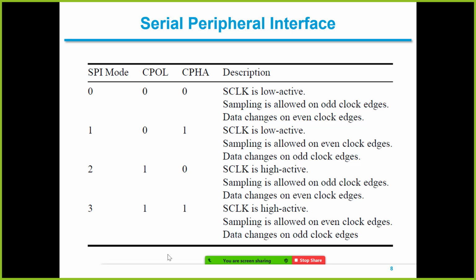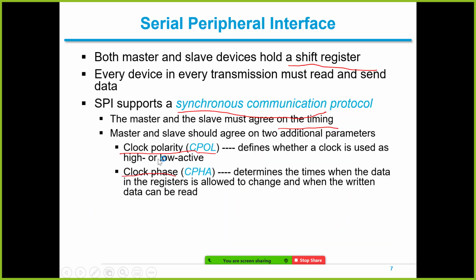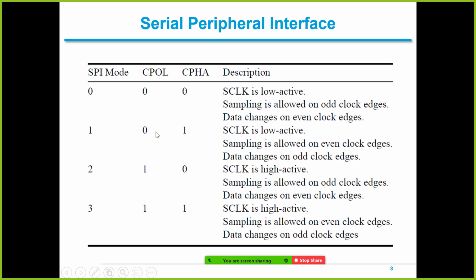Let's see the table with these two parameters, CPOL and CPHA. CPOL is the clock polarity, and CPHA is the clock phase. Based on the values of these two parameters, we may have 4 modes for SPI.